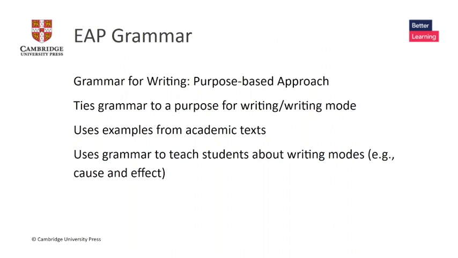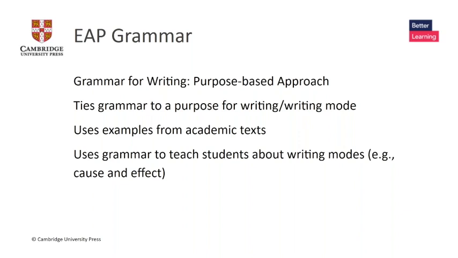But back to EAP grammar. Again, because writing is so important, there is a tendency to focus on grammar for writing and to take a purpose-based approach. This approach ties grammar to the purpose for writing, and it ties it to a particular mode, like the modes that I showed you in the previous slide.